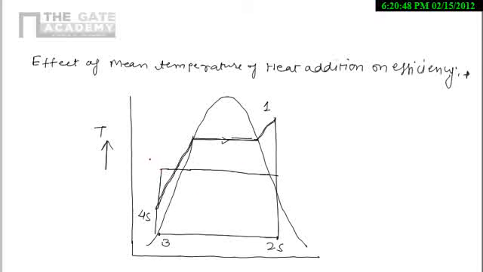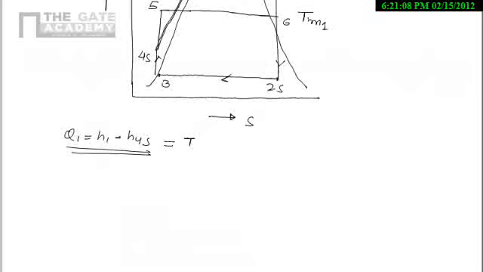So suppose this is the mean temperature, and we are representing it with 5, 6. This one is our mean temperature, that is Tm1. If we take mean temperature, we can also write it in terms of entropy, that is Tm1, and entropy S1 and here we have S4s.